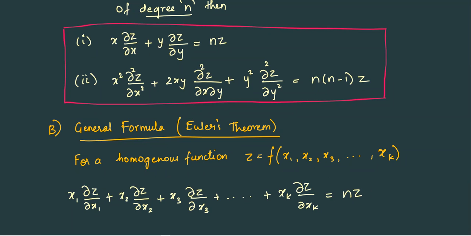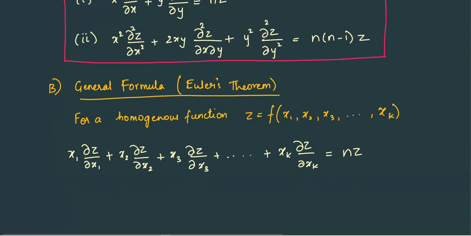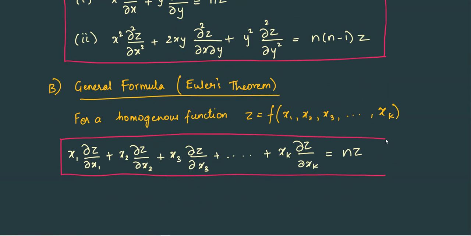This is Euler's formula for a function of k variables.